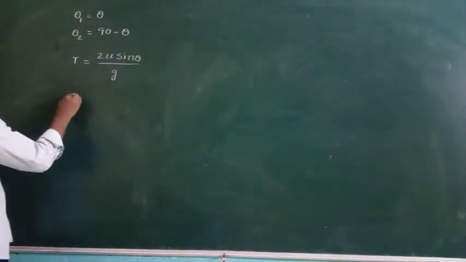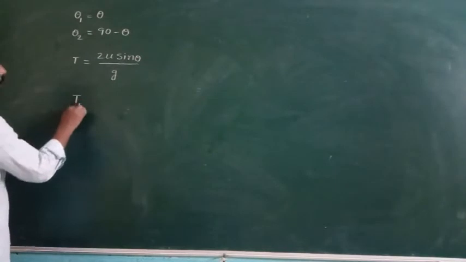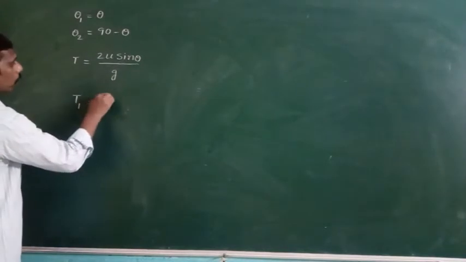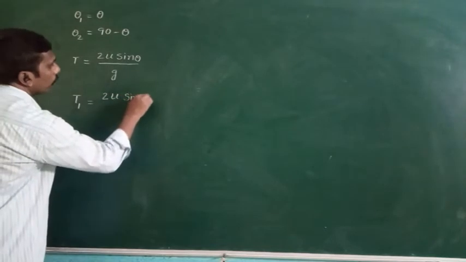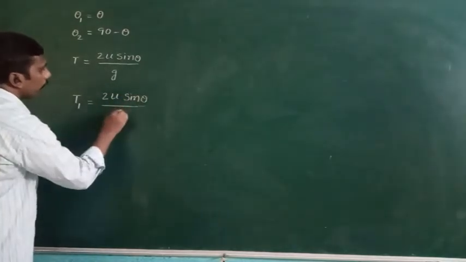From this, for the first body, time of flight T1 is equal to 2u sin theta by g, because theta 1 is equal to theta.